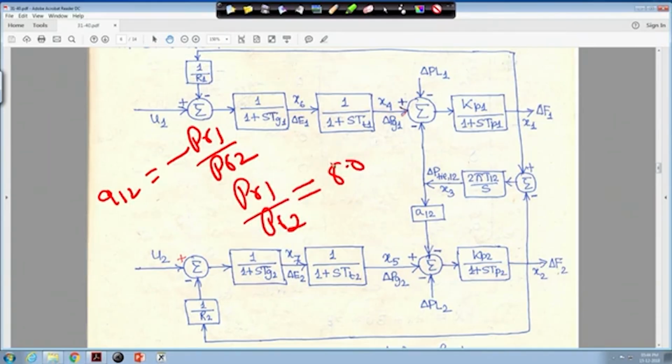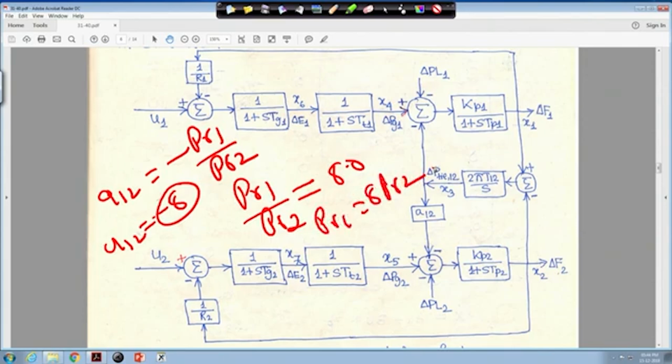That means my A12 is equal to minus 8, that is, PR1 is equal to 8 times PR2. So, if PR2 is 100 megawatt, then PR1 will be 800 megawatt. If you go on increasing this ratio, what will we observe?